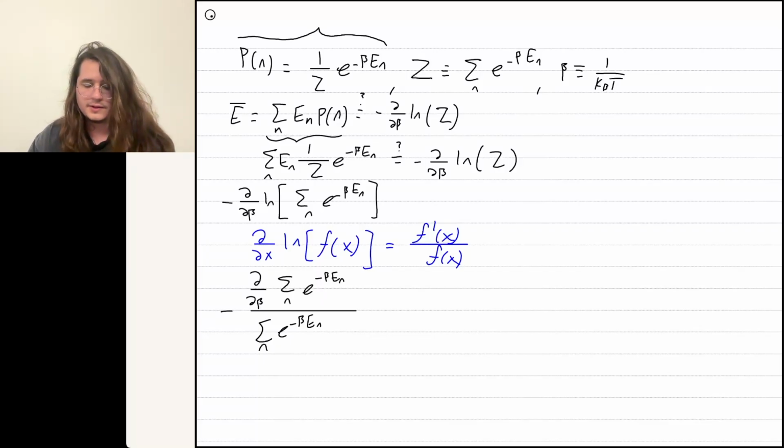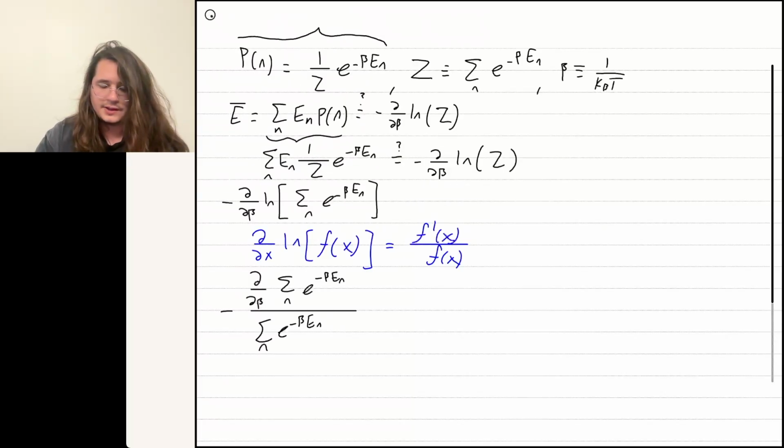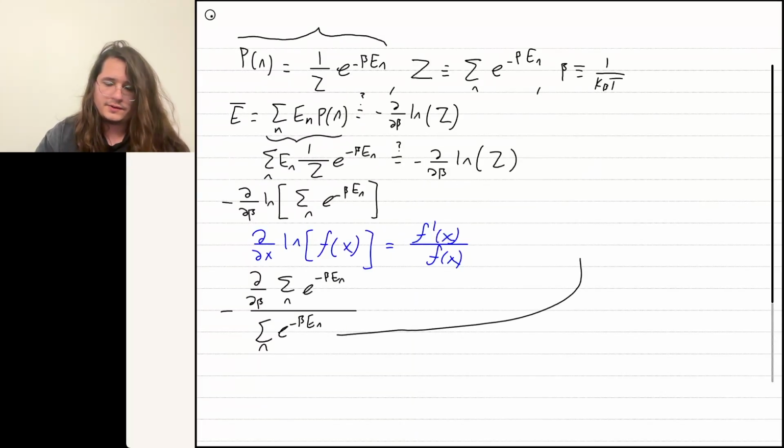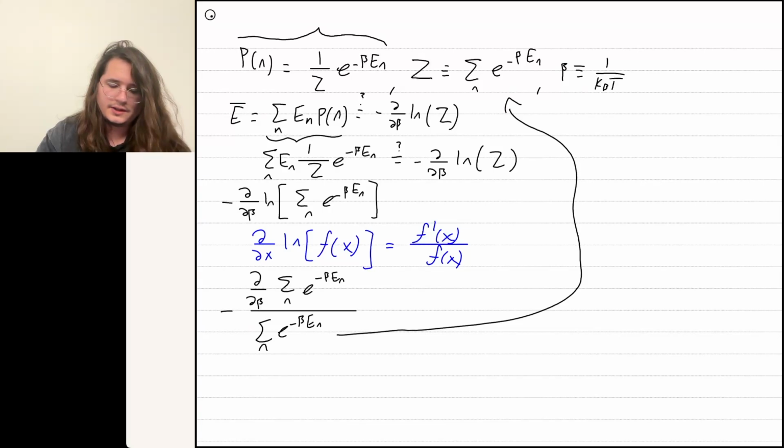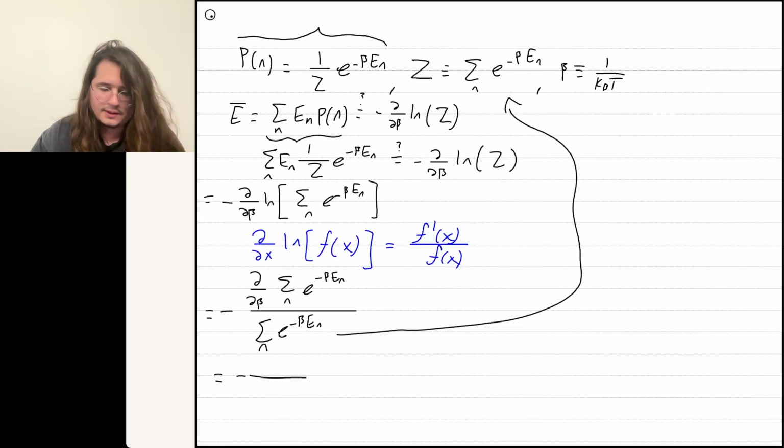You're not going to cancel out anything here. What you're going to do is notice that the denominator of this expression is just the partition function. So we can go ahead and write that as minus the partition function on the bottom, Z. But then we can actually now do the derivative that's on the top, which is another minus sign.